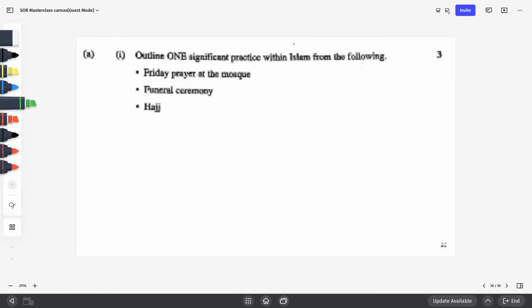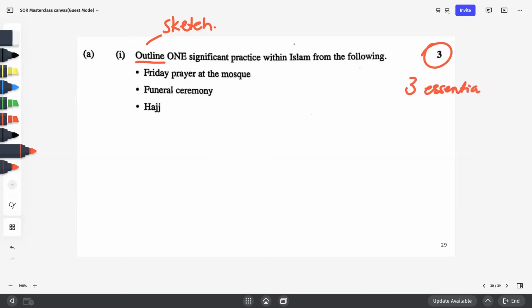All right, so how would we attack this question? Outline one significant practice. So outline is your verb. So that's just a sketch. It's worth 3 marks. So again, you've just got 3 essential points in just 3 simple sentences. The emphasis here is on the word essential.